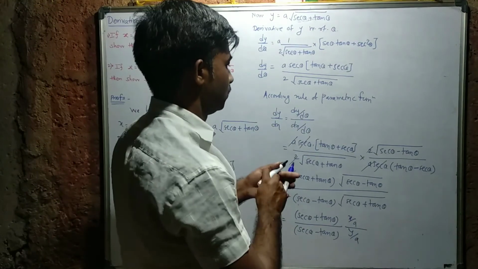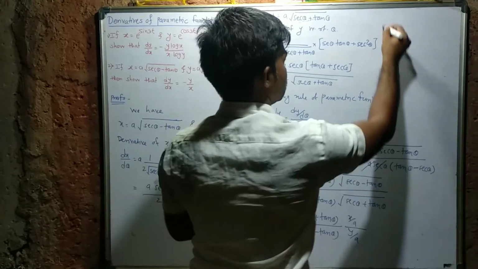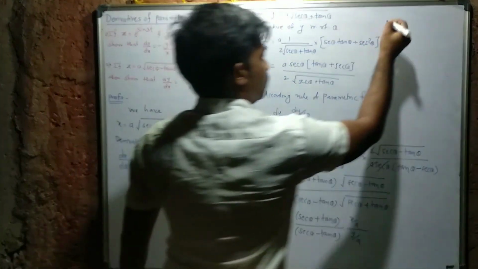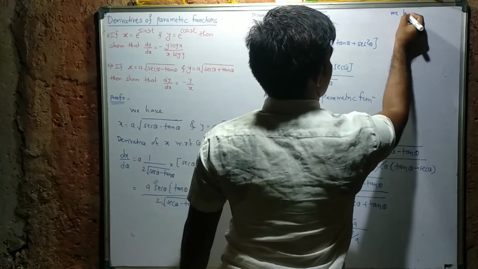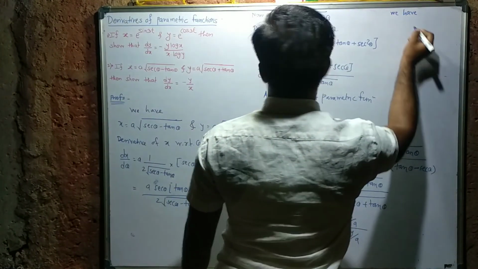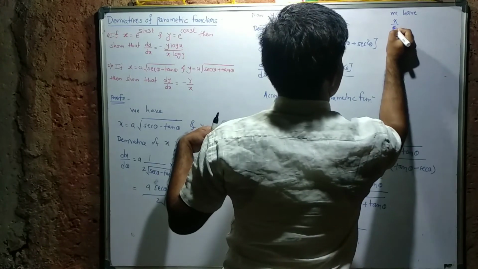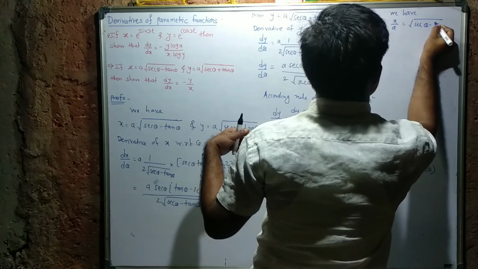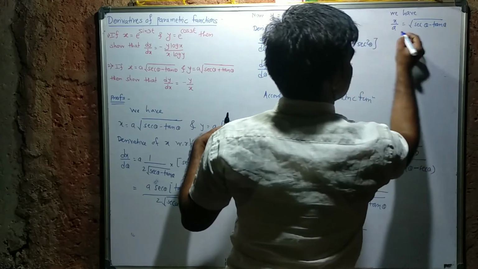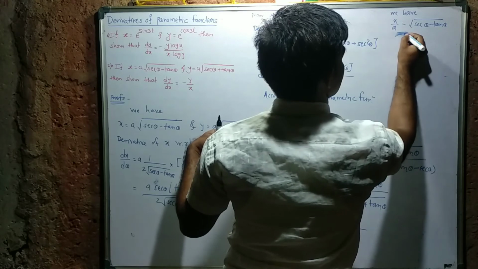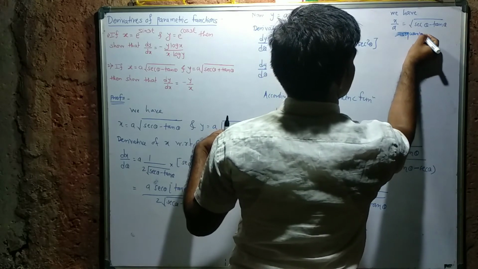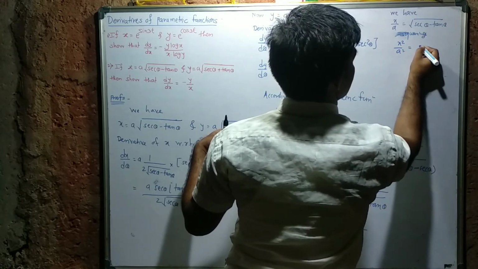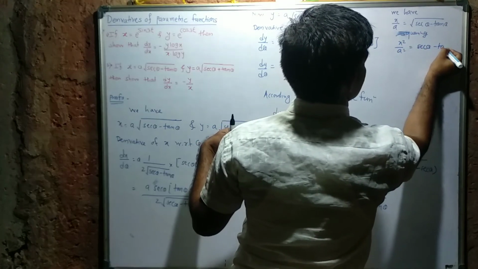Here we have x divided by a equal to the square root of sec theta minus tan theta. Squaring, you get x square divided by a square equal to sec theta minus tan theta.